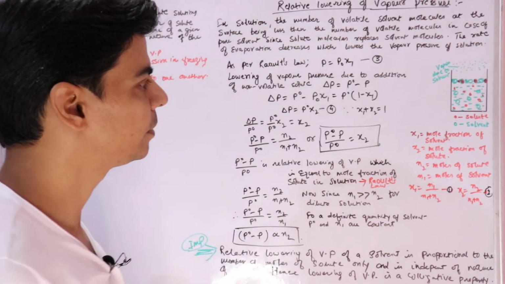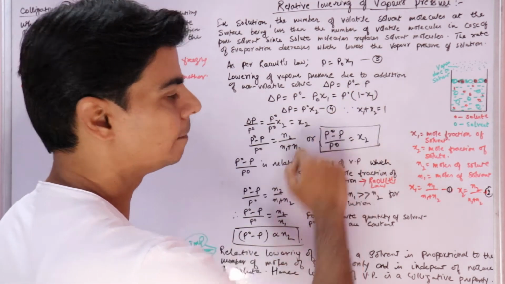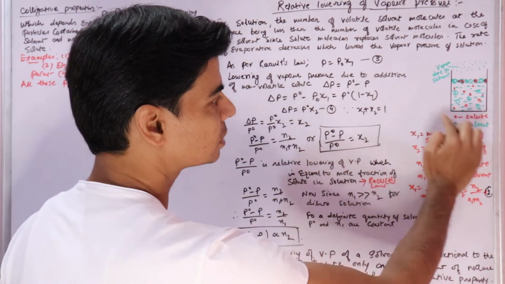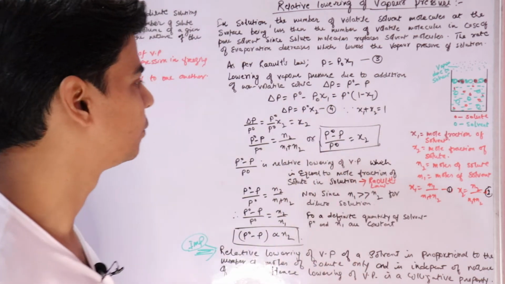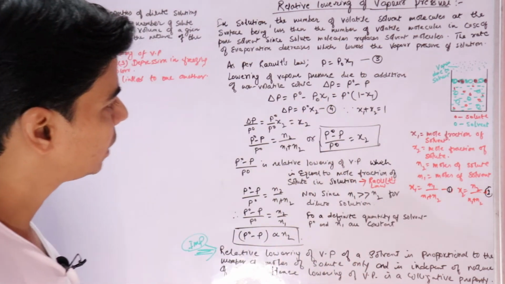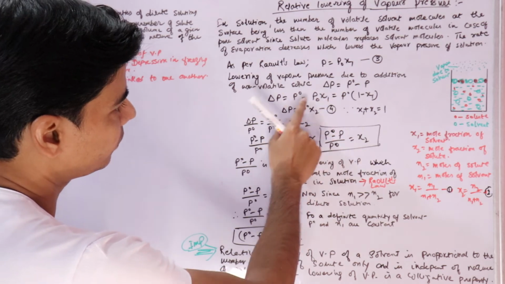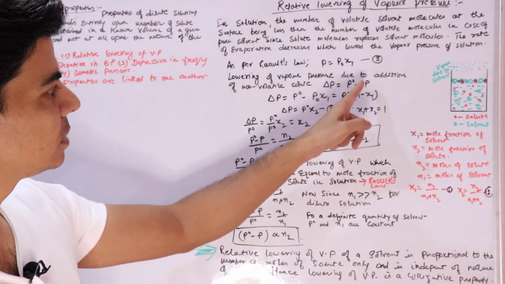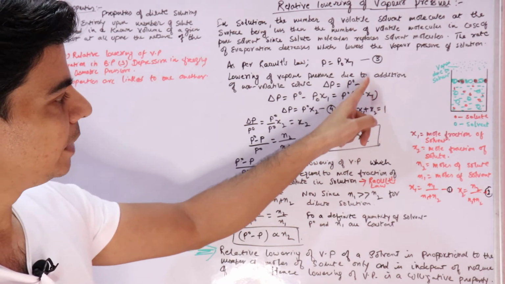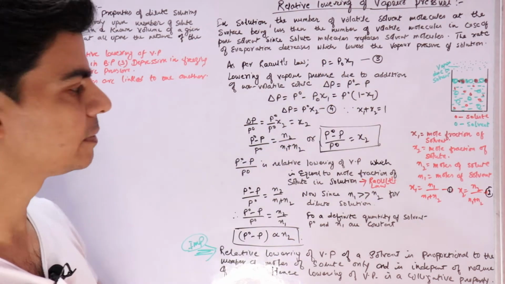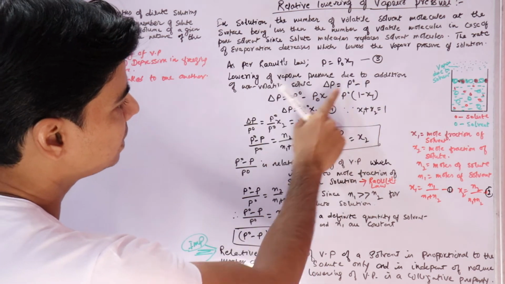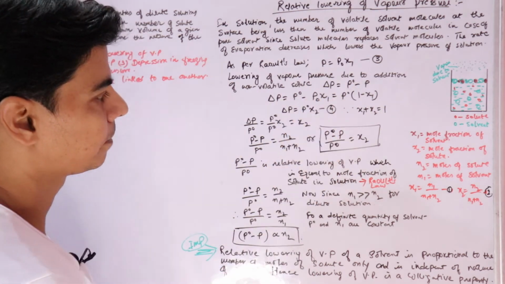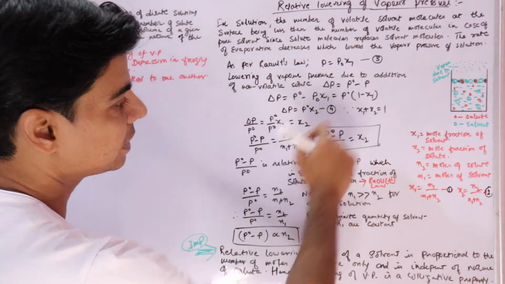P is the vapor pressure of the solution, which is less than P0. Now delta P is P0 minus P, and we put in the value of P from the Raoult's law expression: P0 minus P0 x1, and taking P0 common, P0 times (1 minus x1).